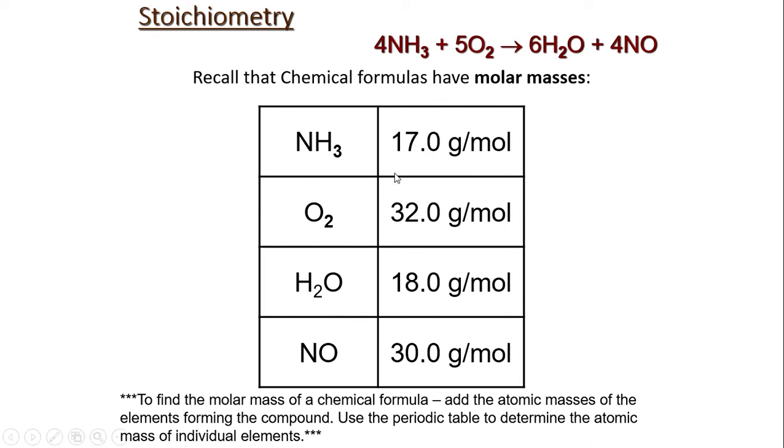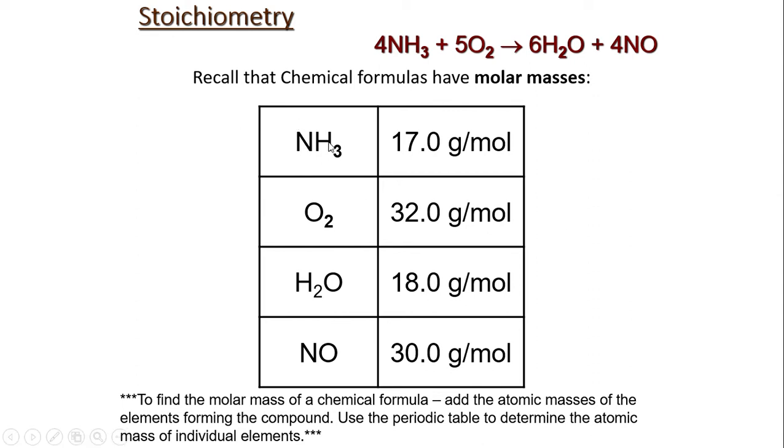So again, to find the molar mass of a compound, you just need to know the atomic weight of each element and multiply it with the subscript. Like for example, NH3. So N is only 1.